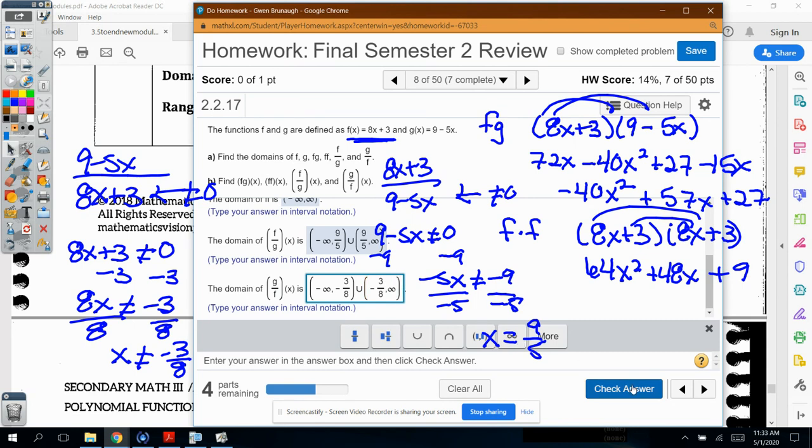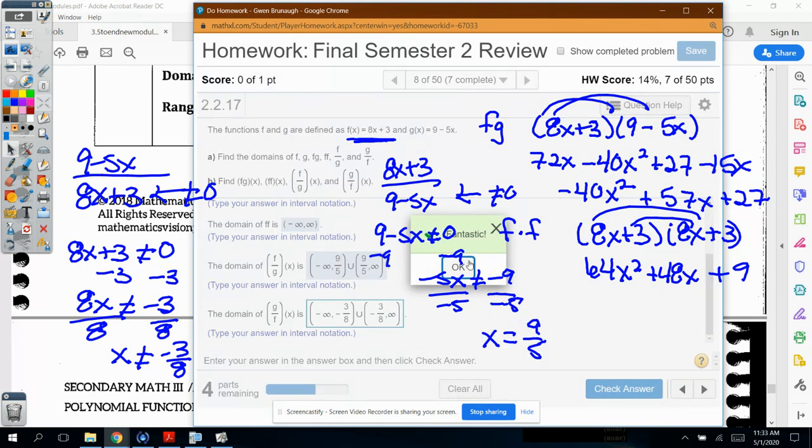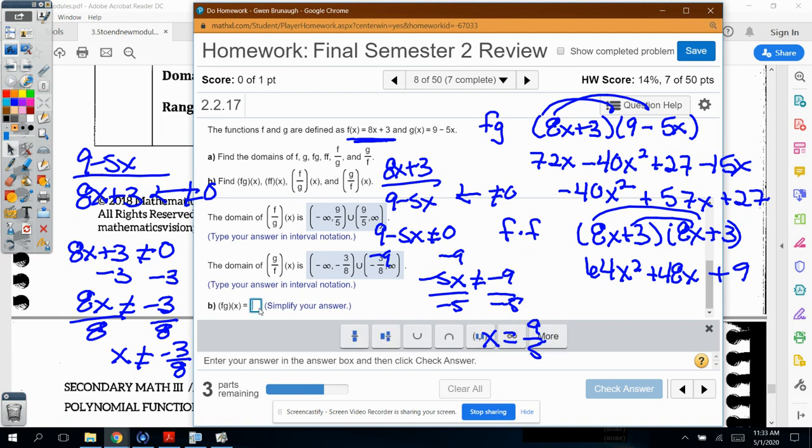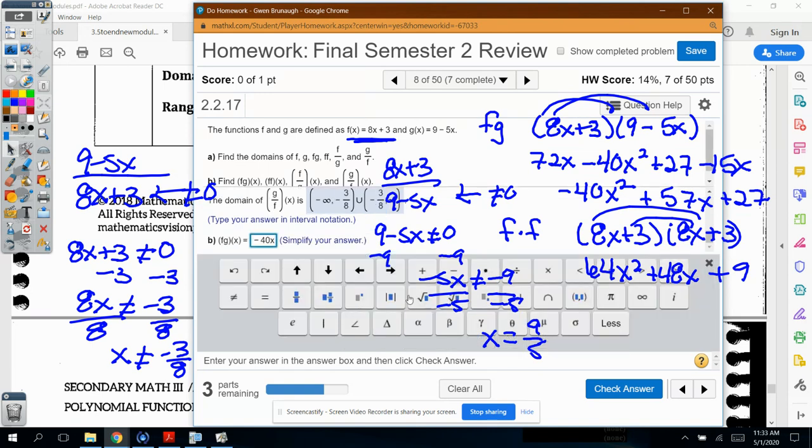Okay, now I've already done all the answers for all the rest of the problems. f times g, that was this over here. That's the negative 40x squared plus 57x plus 27.